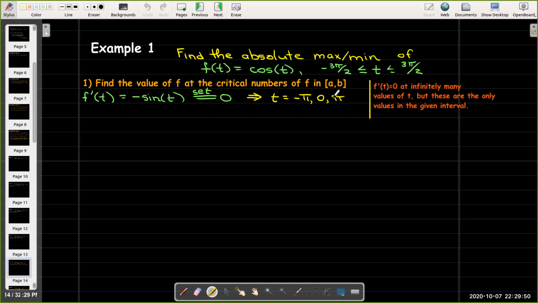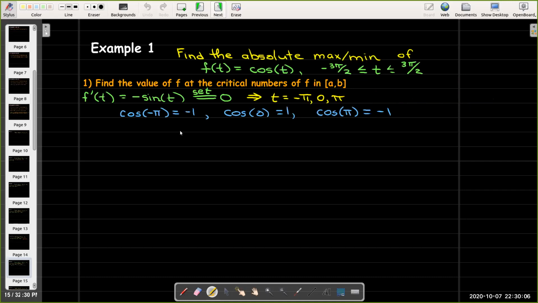But we're only going to choose those values which belong to the interval from negative 3 pi over 2 to positive 3 pi over 2. So I don't just find the values of t, I have to find the function values. So my function is cosine of t. So cosine of negative pi is negative 1. Cosine of 0 is 1. And cosine of pi is negative 1. So that's step 1.